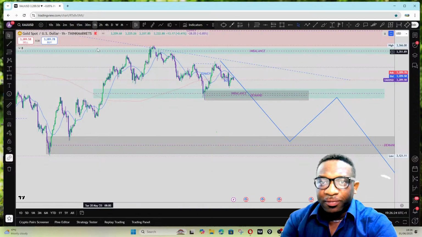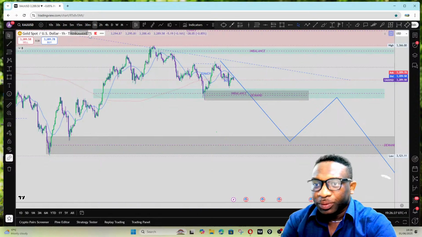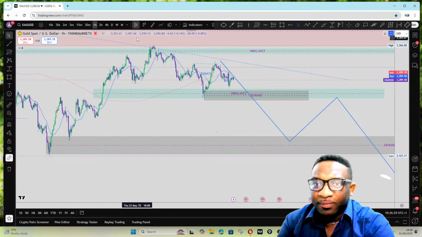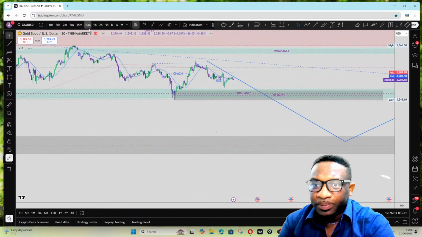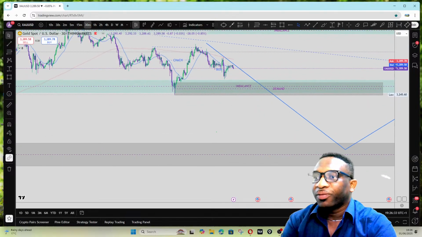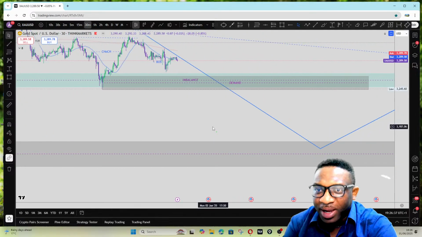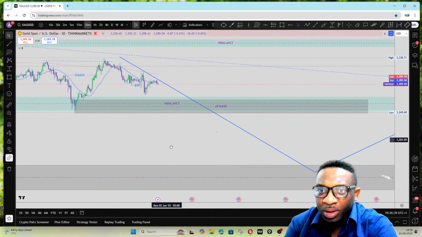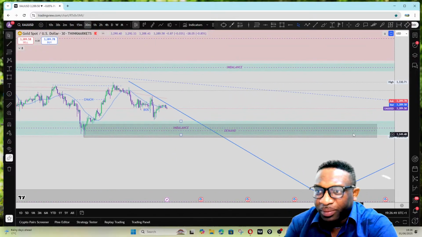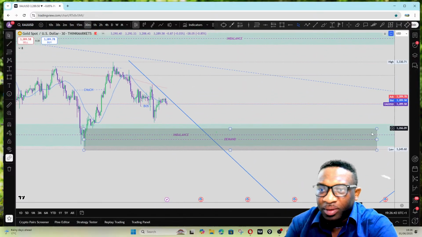If we go further down to the 15 minutes, let's see how we can refine this area. We're focusing on this area where we've marked here.